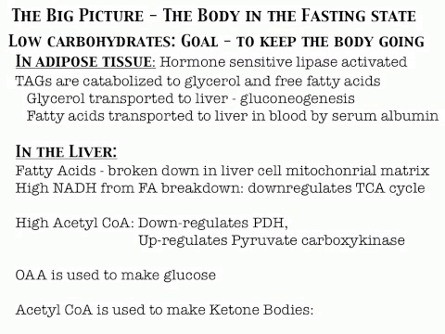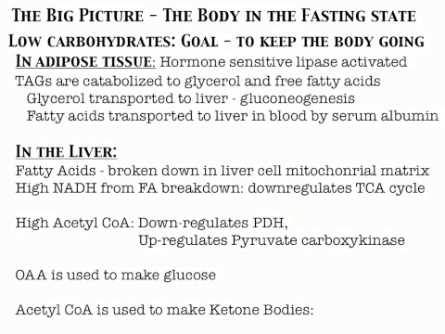Additionally, high concentrations of acetyl-CoA inhibit pyruvate dehydrogenase complex and upregulate pyruvate carboxylase. The effect of these two actions is that oxaloacetate is used to make glucose.